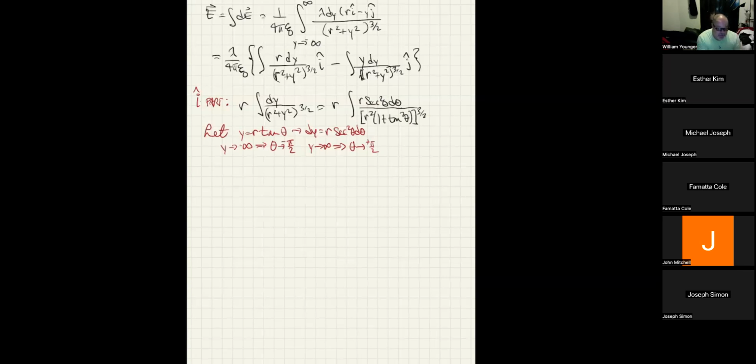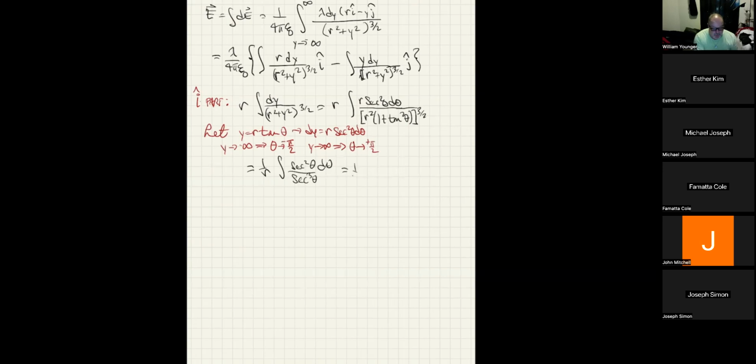So I now have equals 1 over r times the integral of secant squared theta d theta. And remember, 1 plus tangent squared is secant squared, but raised to the 3/2 power means it's going to be secant cubed. So the secant that remains will be in the bottom, and that's the same thing as a cosine on top.